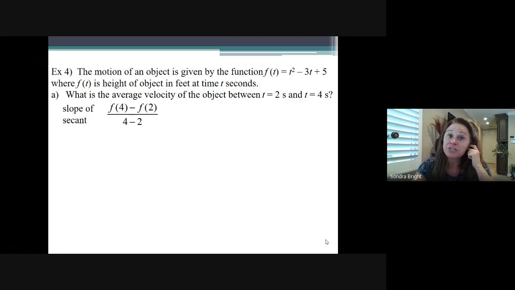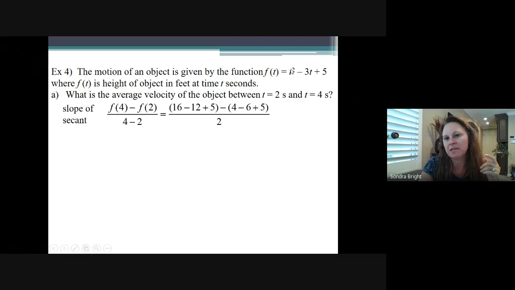Plug a 4 in: 4 squared minus 3 times 4 plus 5, so 16 minus 12 plus 5. Minus, and put parentheses around it, plugging a 2 in gives 2 squared, which is 4, minus 3 times 2, which is 6, plus 5. And you're dividing by 4 minus 2, which is 2.